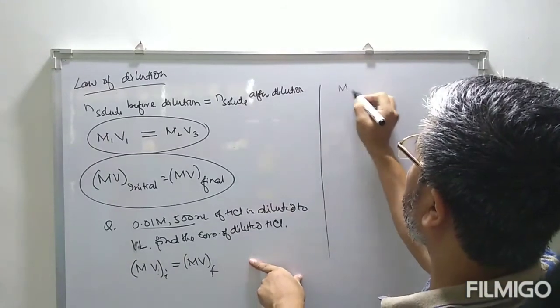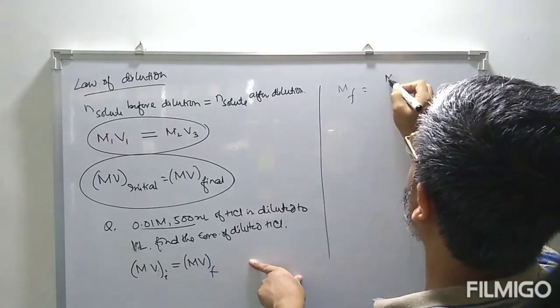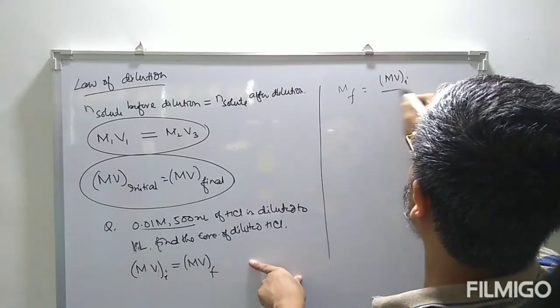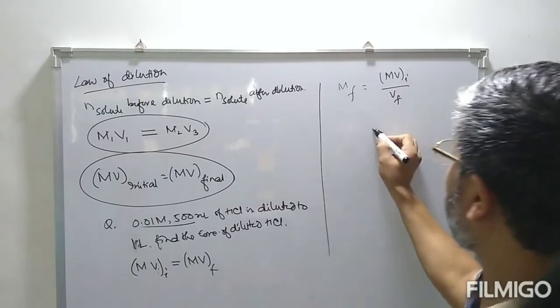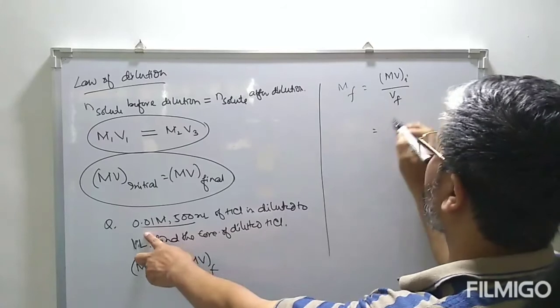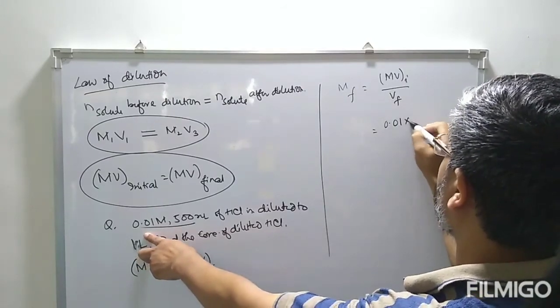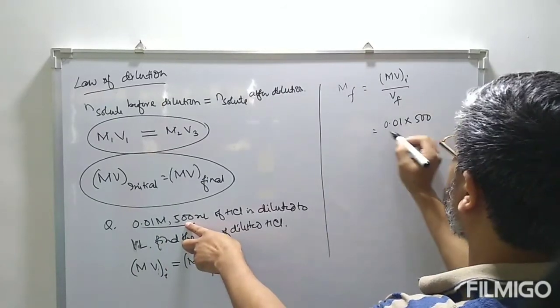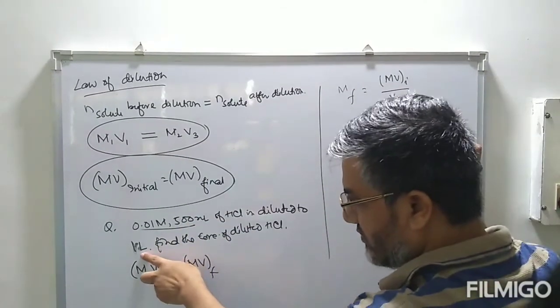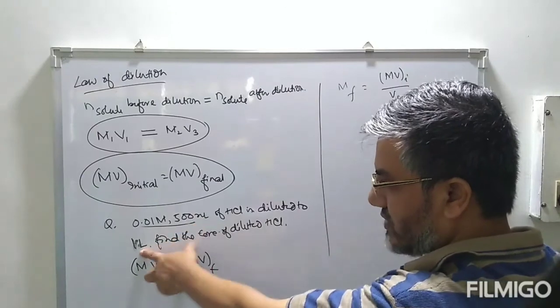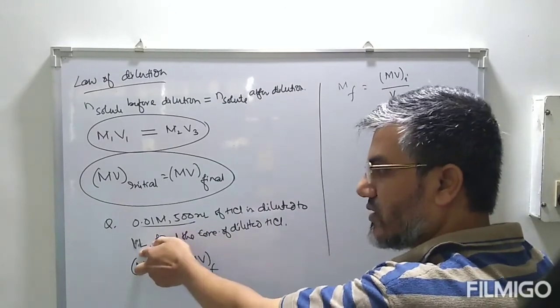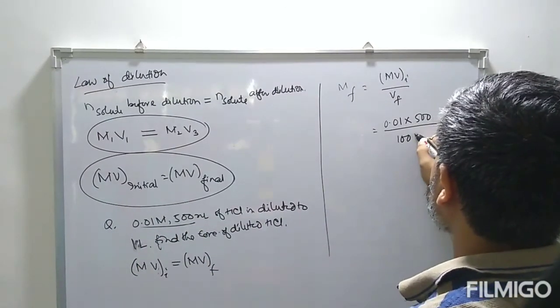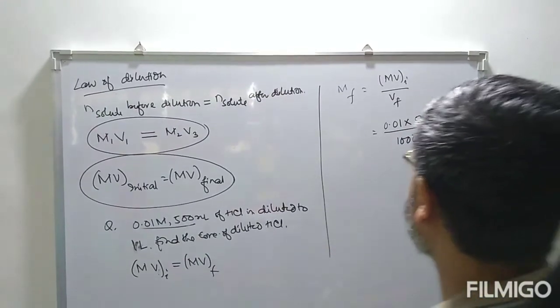So M final is equal to M V initial divided by V final. So M initial is 0.01. Volume is 500 ml. Final volume is 1 liter. This is in ml, so you have to convert either to liters or ml.